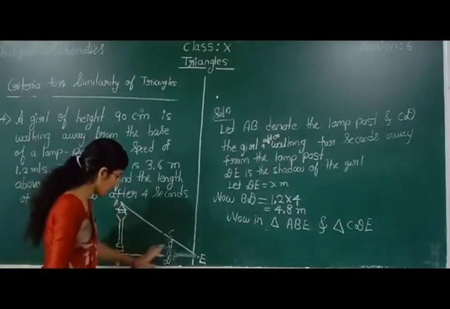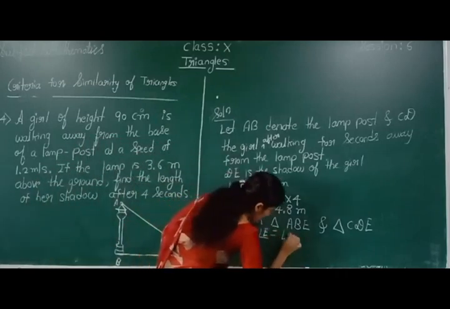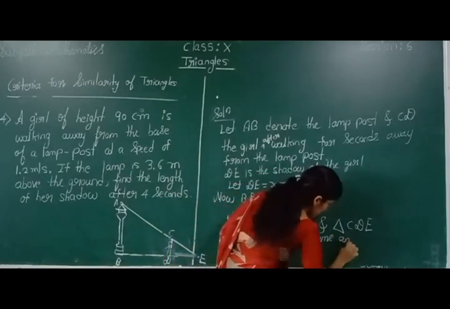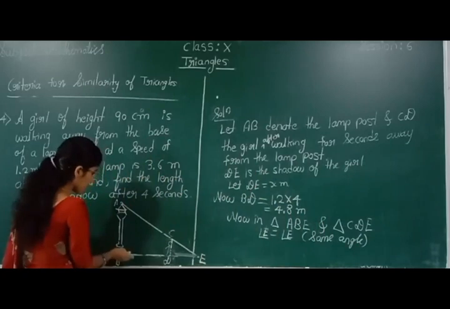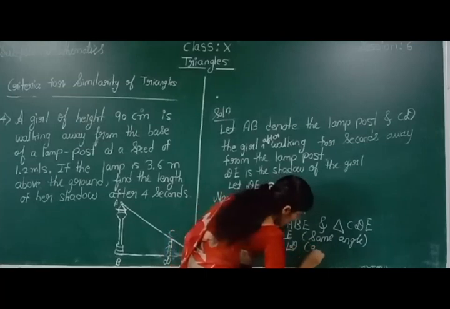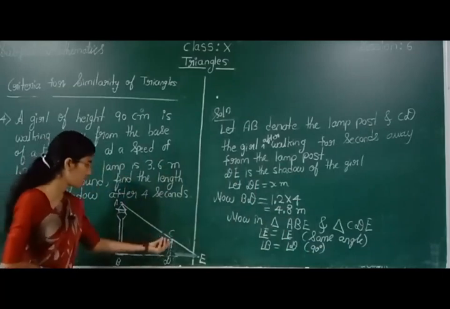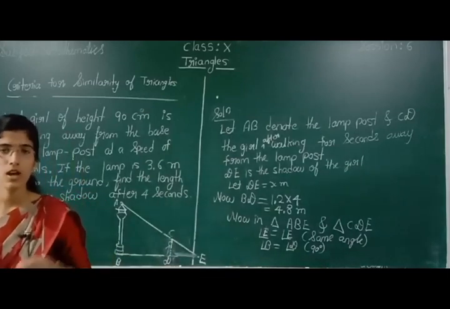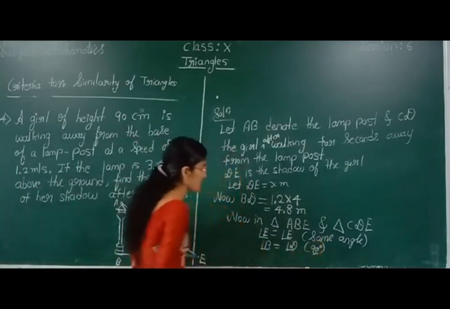In triangle ABE and triangle CDE, angle E is equal to angle E. Same angle. Angle D is equal to angle B. This is 90 degree because the lamp post and the girl are standing vertical on the ground. Definitely it will be 90 degree.